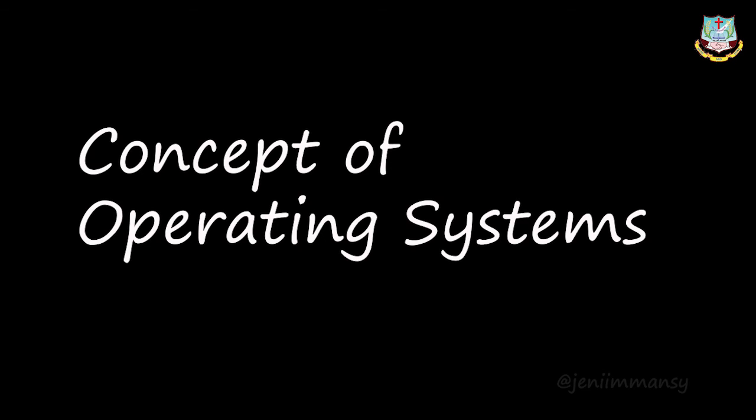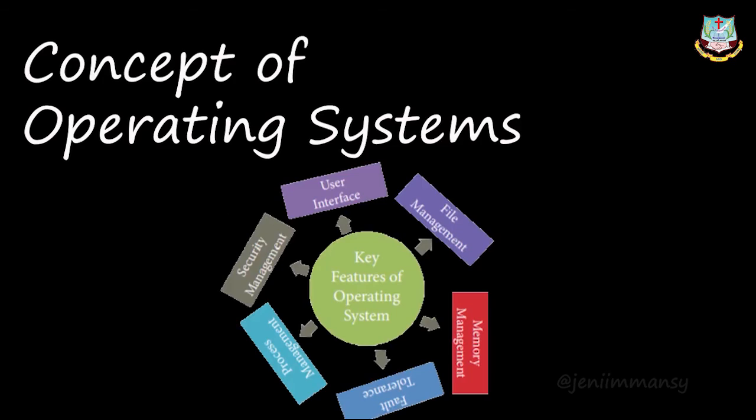Here we have seen about operating system, and we first saw about software and the types of software, application software and system software. Then the introduction about operating system and the types of operating system we saw. What are the types? Single user and multi-user, right? Then the key features of operating system. What are the key features?